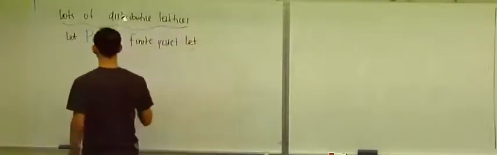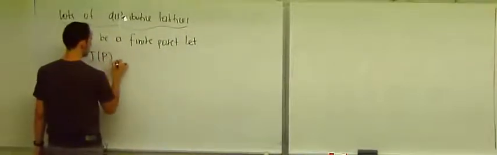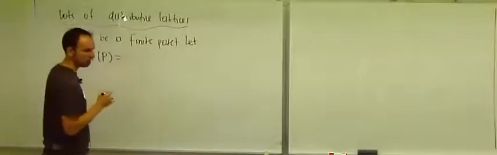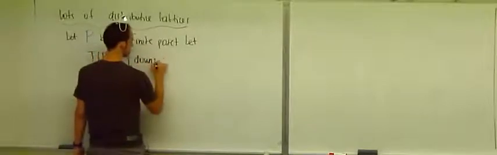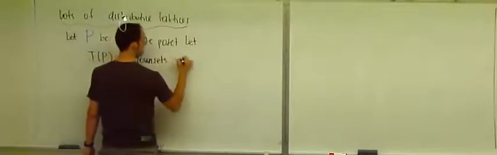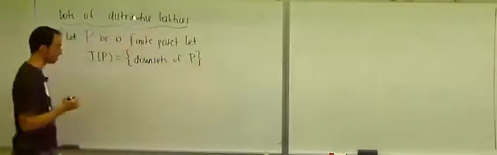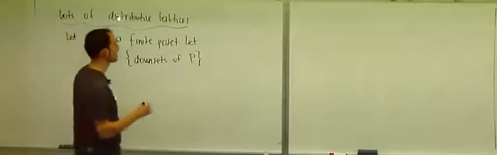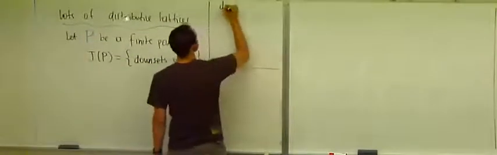Let me define J of P to be the family of downsets of P. And let's remind ourselves what that was about. So what are downsets?